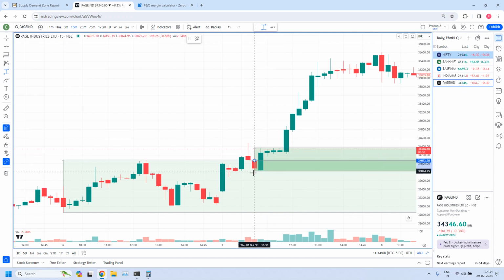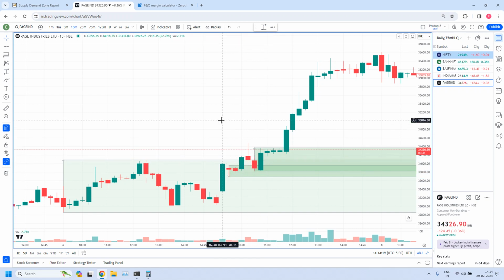But instead what I prefer is drawing a zone like this. If you ask me, I draw a zone like this because I am convinced with this candle to consider this as a leg out. Already it picked up the orders from this zone.